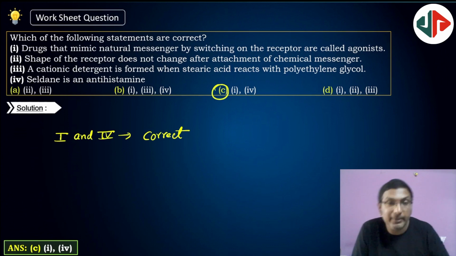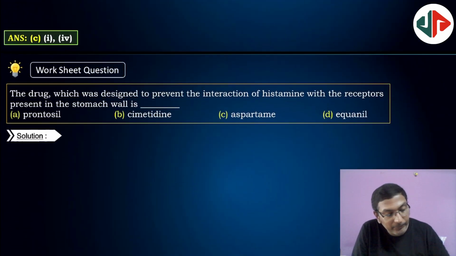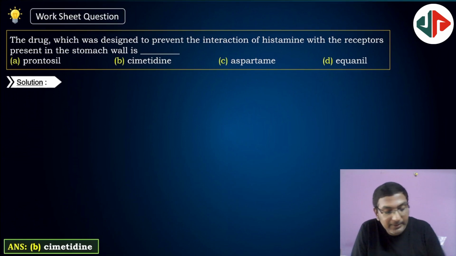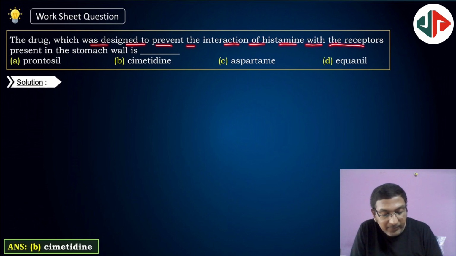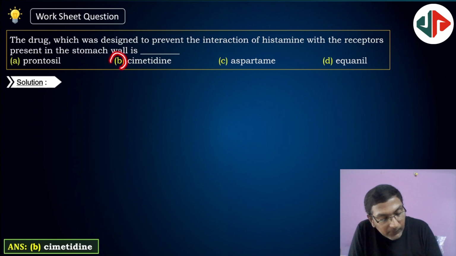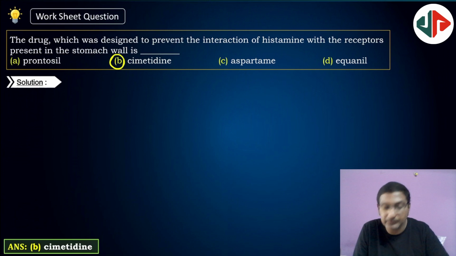Option C. Remaining 2 are incorrect. Direct question only. Next. The drug which was designed to prevent the interaction of histamine with receptors present in stomach wall is cimetidine. Cimetidine. Clearly, these can be used as antihistamines, anti-allergic drugs. Next.